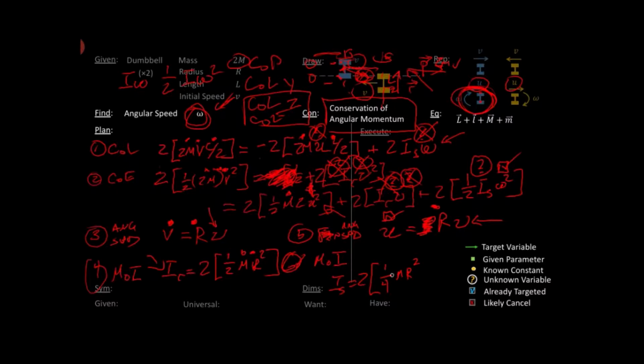But this isn't at the center of rotation, right? The center of rotation is the center of mass. If the dumbbell is rotating, it's rotating around this spot right here, right? So it's rotating around here as it spins. So we have to move from here to here.